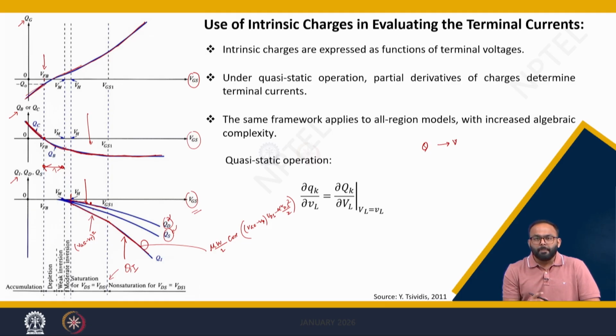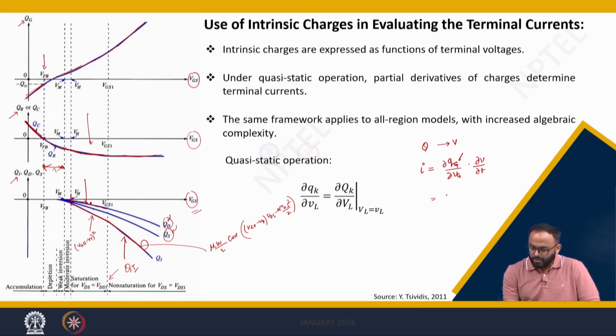You remember, in the previous lecture, we discussed that our main goal is to find out the terminal current, and we said that the terminal current can be calculated by the chain rule as delta Q of, let's say, gate divided by delta Vg into delta Vg divided by delta T. You can take this for any terminal.